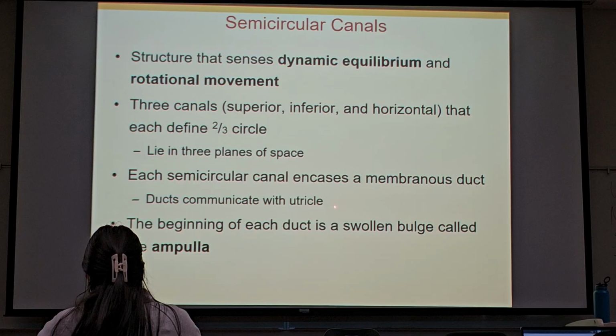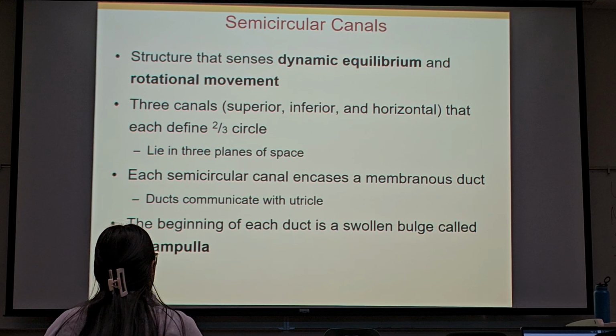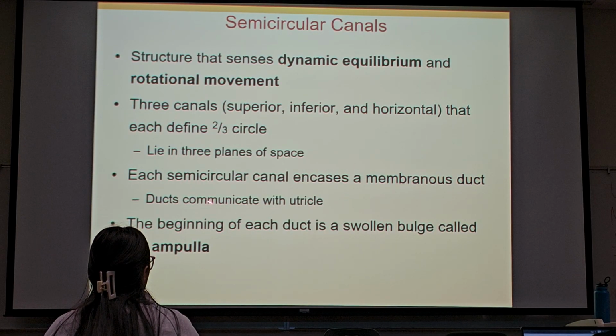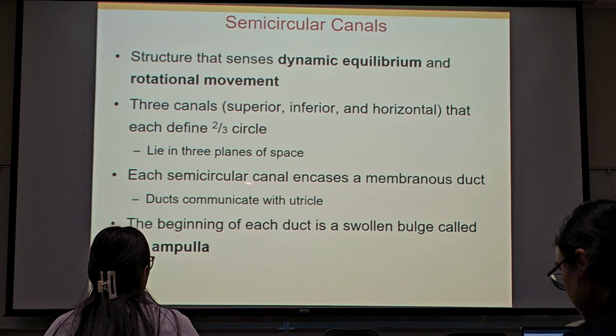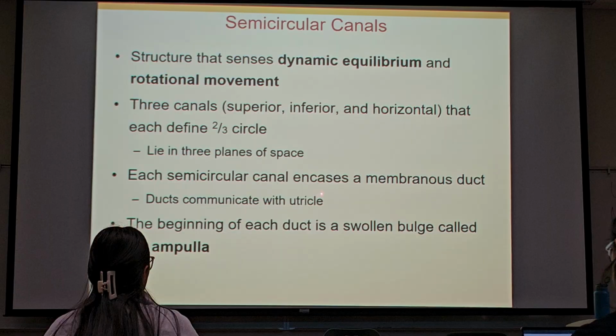Remember, the utricle of the vestibule is continuous with the semicircular canal, so we get some communication. At the beginning of each one of these semicircular canals, these ducts, there's a swollen bulge that we see right there, attached to the utricle of the vestibule.